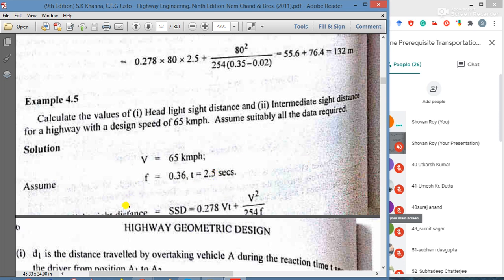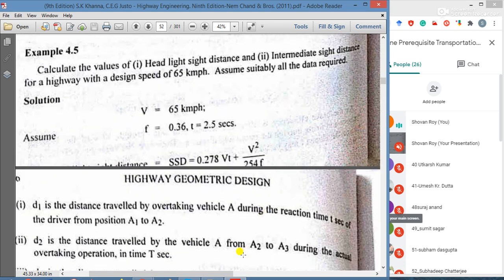Now the sight distance is 0.278 Vt plus V square by 254 F, since they have taken the speed directly in kilometers per hour. Instead of this formula, we can use Vt plus V square by 2gf, but then you have to convert 65 km/h to meters per second.